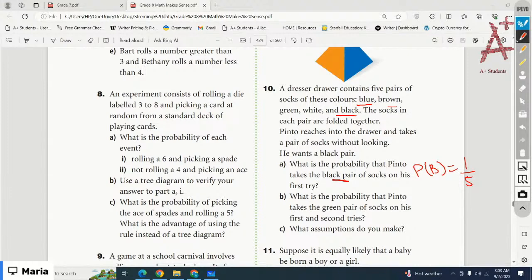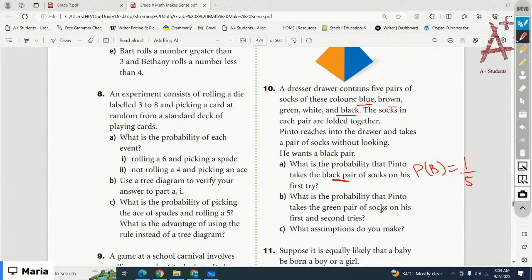So for the B part: what is the probability that Pintu takes the green pair of socks on his first and second try? In the question, you are not told that the black socks he takes in part A, he puts back. So let's just assume they are independent events, right?